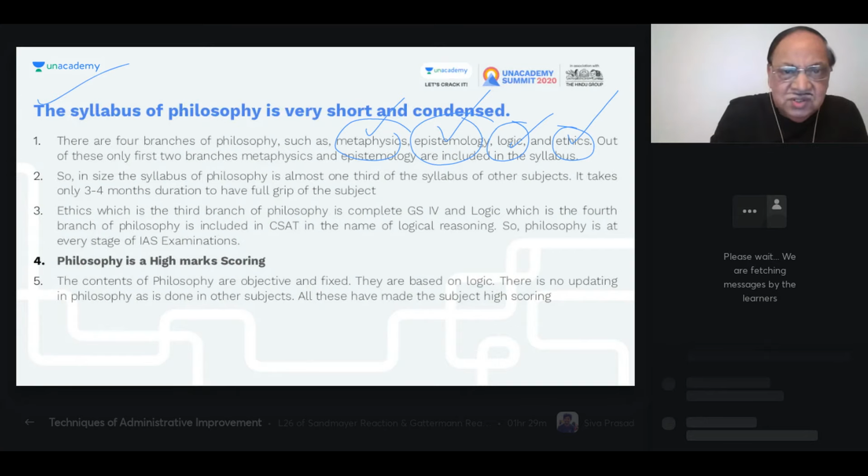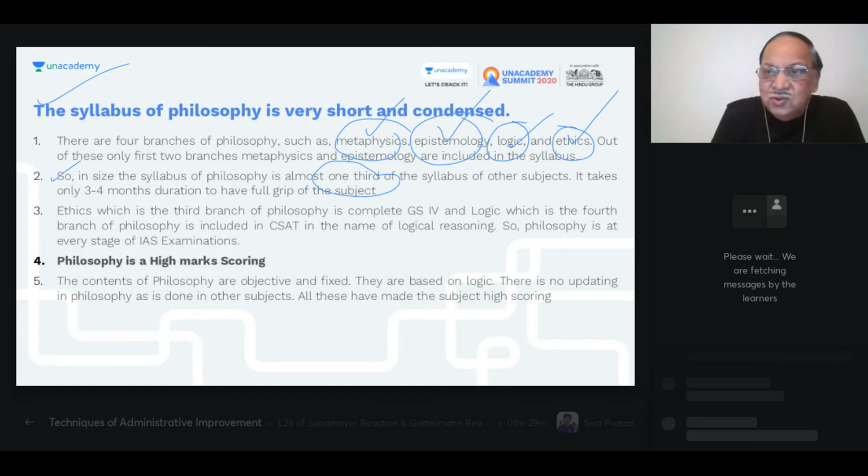So the point is that these two are the only branches which are included in the syllabus of philosophy. That's why the philosophy syllabus has become very, very short, and the size of the syllabus of philosophy is almost one third.